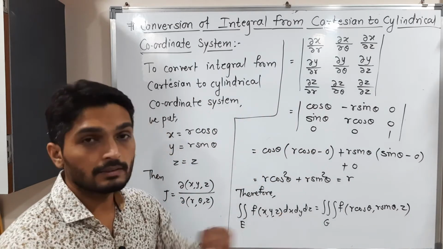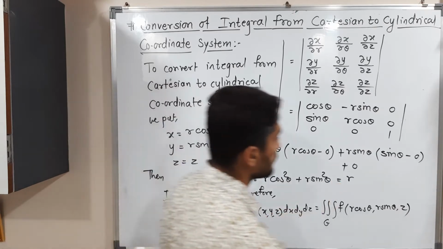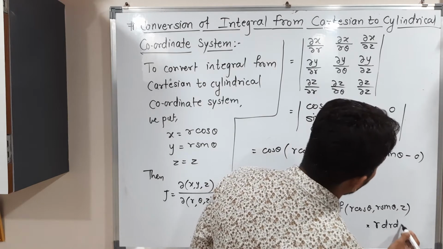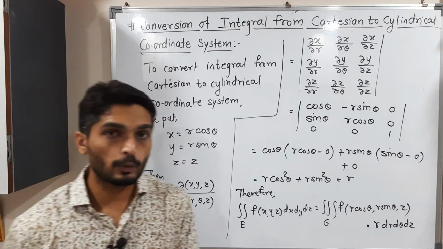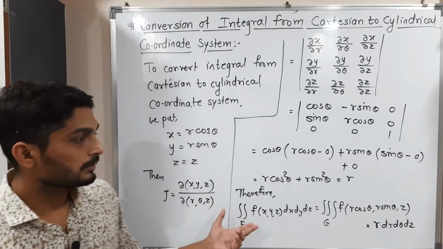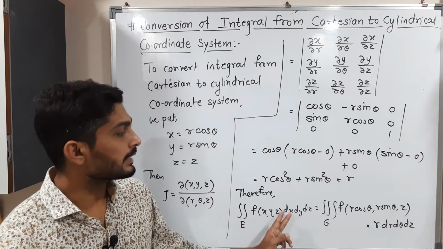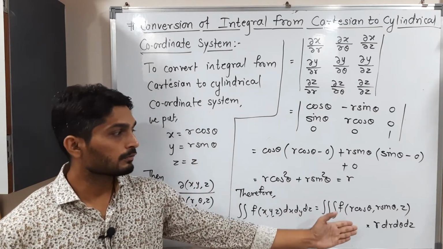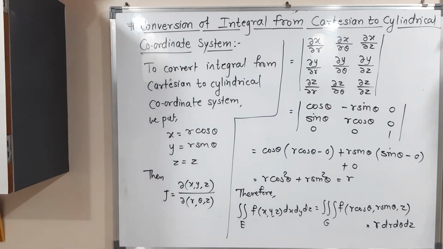After that, dx dy dz, but before that I have to write the Jacobian, whose value is r, and dr d theta dz. You remember, when we convert the problem to the cylindrical coordinate system, we always write dx dy dz is equal to r dr d theta dz. Because of this we write. Make a screenshot of it. After that we will discuss one more example.